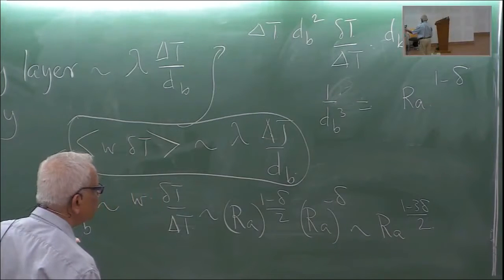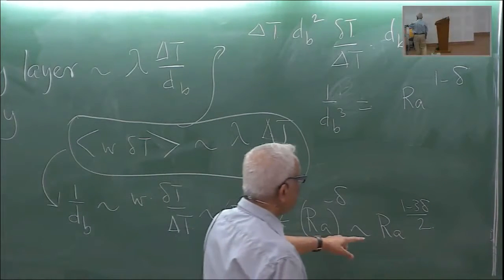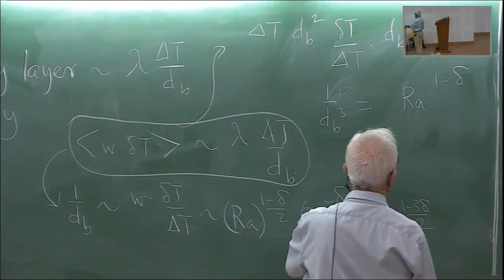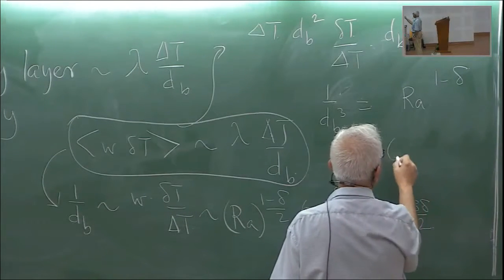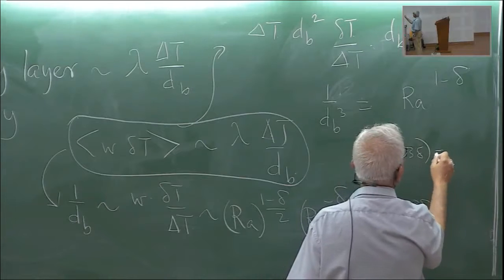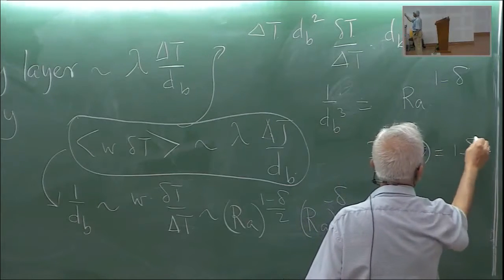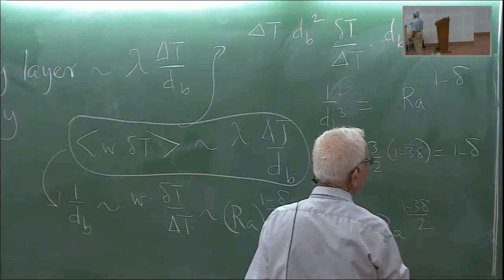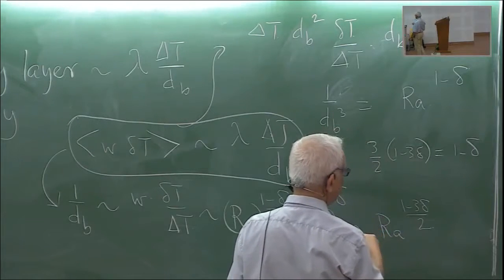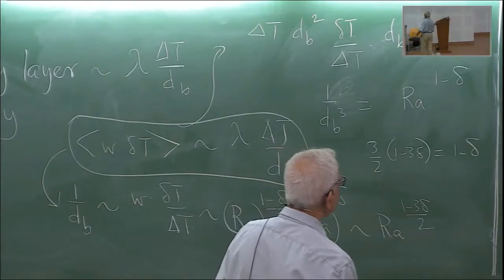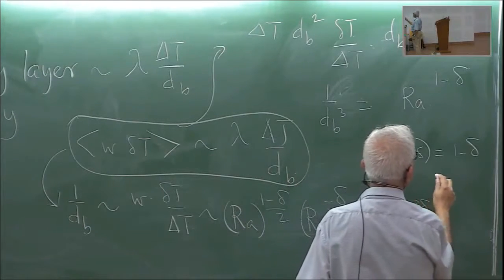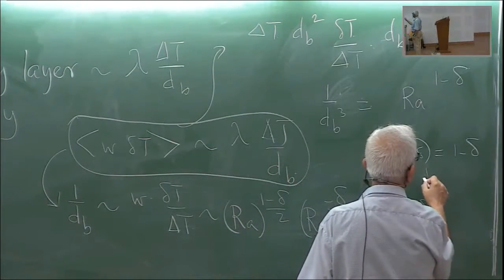So 1 over dB cubed over here tells me that this is 3 by 2, so 3 by 2 into 1 minus 3 delta is equal to 1 minus delta. So this is 3 by 2 minus 1, so that is half.